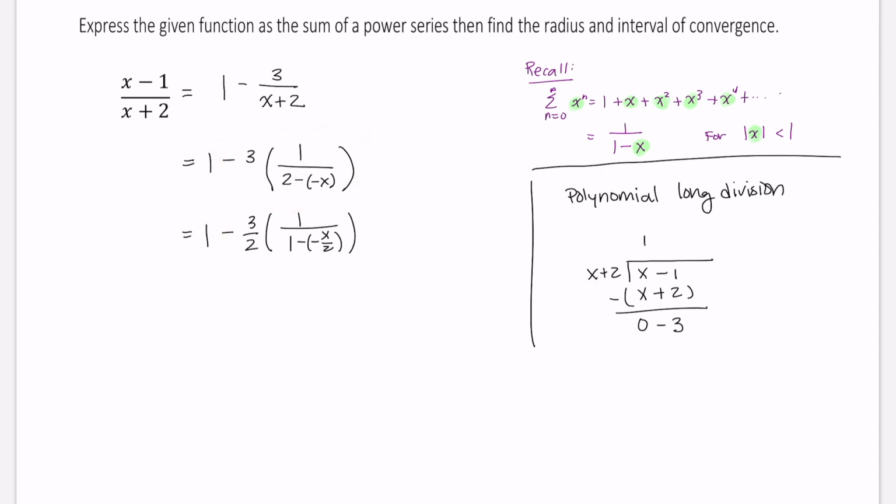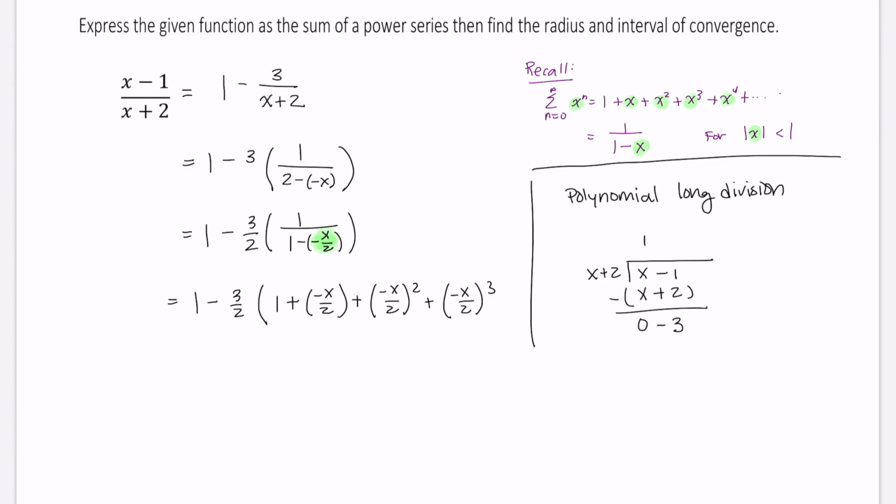Okay, so now we can apply what we see here. I'm going to highlight this in green. This is my blob, and this is going to replace each of these blobs. So really, I'm going to rewrite this as 1 minus 3 over 2 times 1 plus negative x over 2 plus negative x over 2 squared plus negative x over 2 cubed.